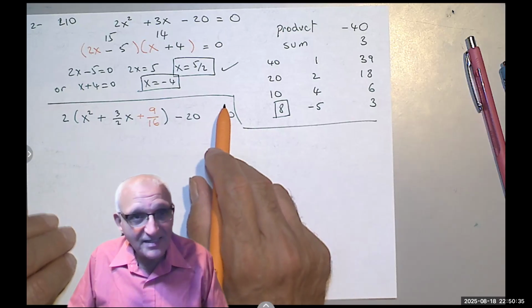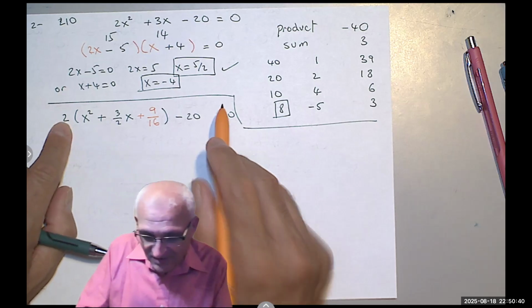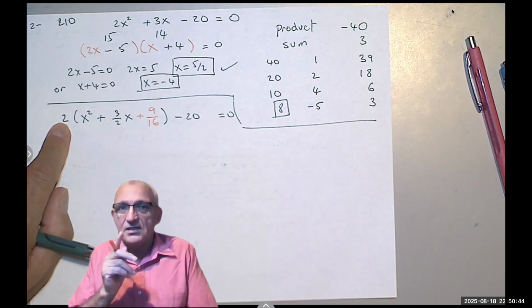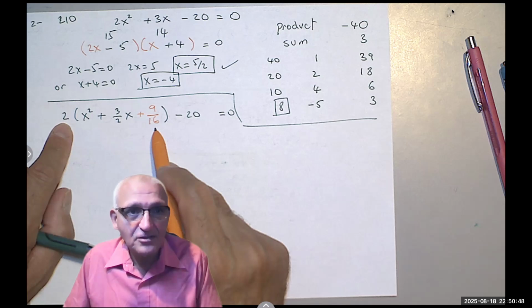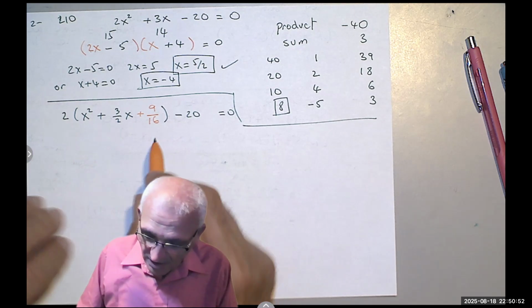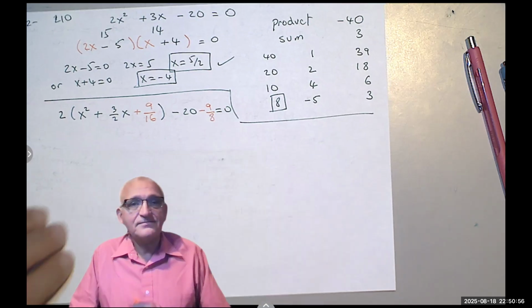I did not add 9 over 16. You don't ever forget. Every time you factor something, be very alert. I added 9 over 8. 2 times 9 over 16 is 18 over 16, which is 9 over 8. So I subtract 9 over 8.